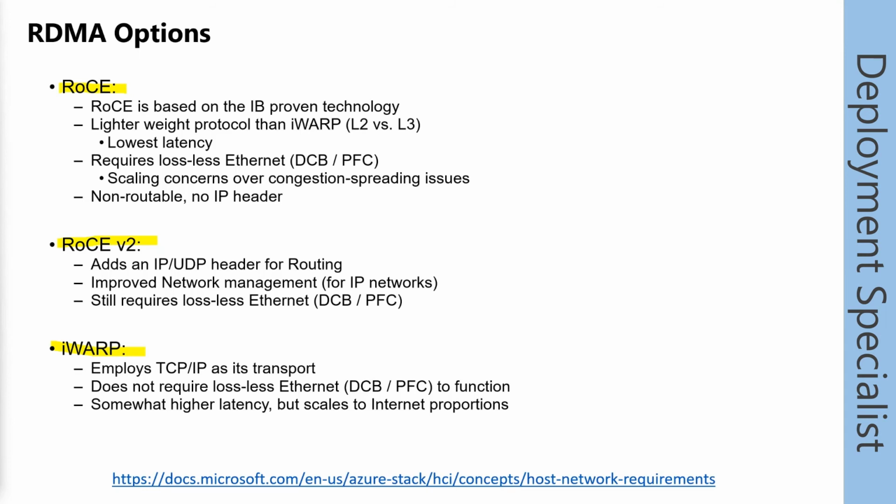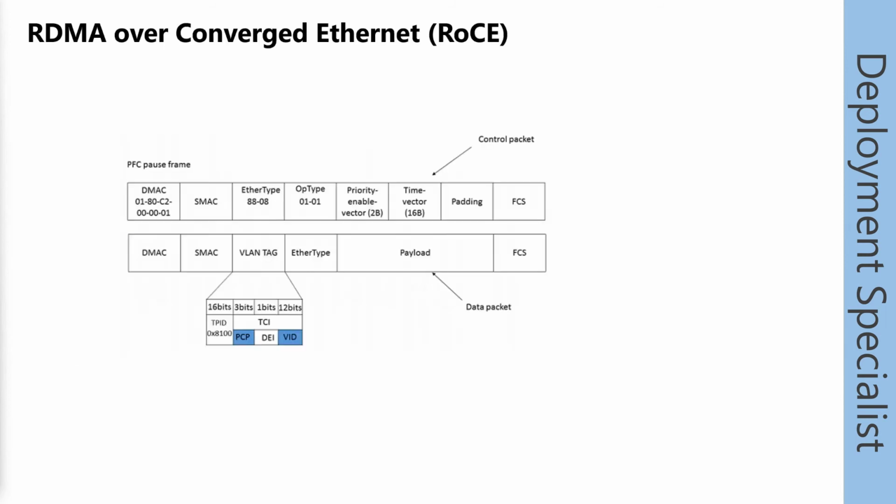The difference is that RoCE is more complex in configuration than iWARP, because RoCE, RDMA over Converged Ethernet, uses VLAN tags to provide storage classification to ensure that we have a lossless communication via the network.